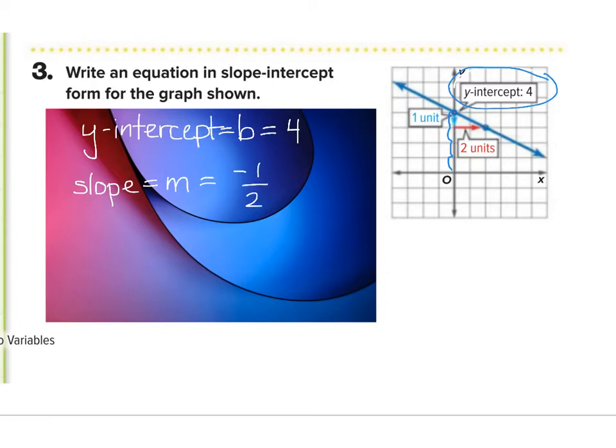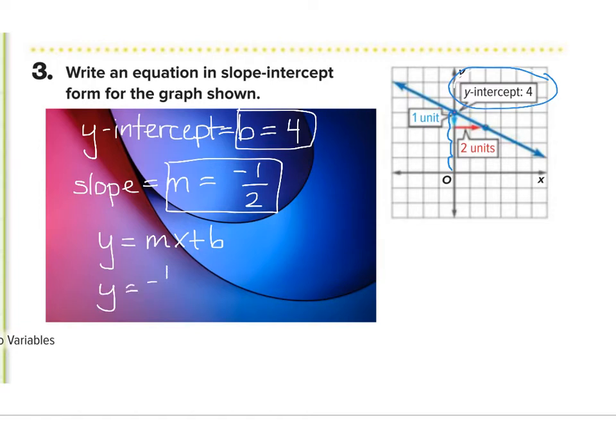So then m is negative 1/2, and b is 4. So if I substitute that into my slope-intercept form equation, y equals mx plus b, my equation will be y equals negative 1/2 x plus 4.